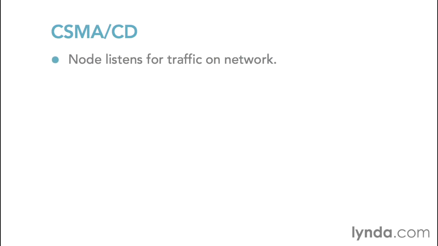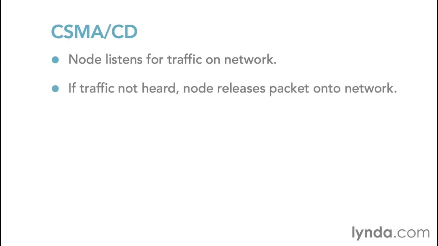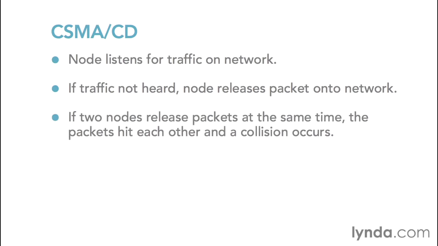Let's go ahead and look at the CSMA/CD contention method first. In the CSMA/CD contention method, basically what happens is each node or computer on the network listens for traffic going by on the network. If it doesn't hear any traffic, then the node will release a packet onto the network. However, if two nodes are listening to the network at the same time, and neither one of them hears any traffic on the network, they will both release their packet at the same time.